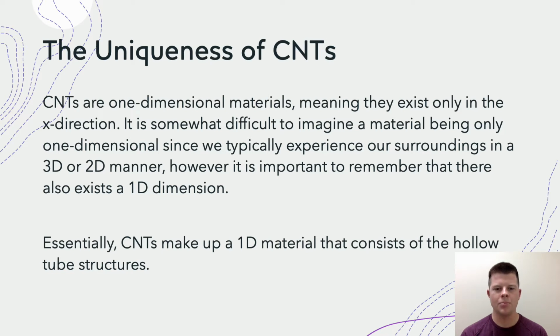In daily life, most of the time we only deal with two-dimensional or three-dimensional. But believe it or not, there are actually some things that exist in that one-dimensional material phase, and carbon nanotubes are one of those.